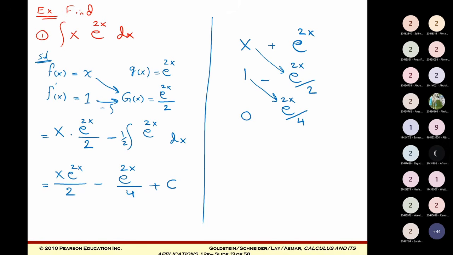If we have the third, positive, negative, positive, negative. This is equal, multiply the first one, x multiply e to the power 2x over 2, minus, because this is negative, 1 multiply e to the power 2x over 4 plus c directly. Okay?